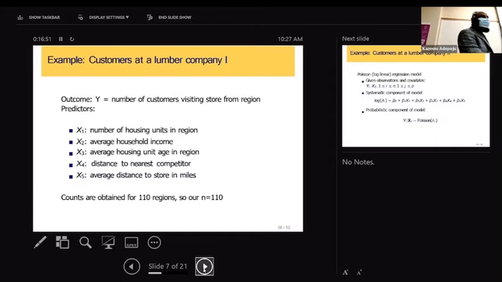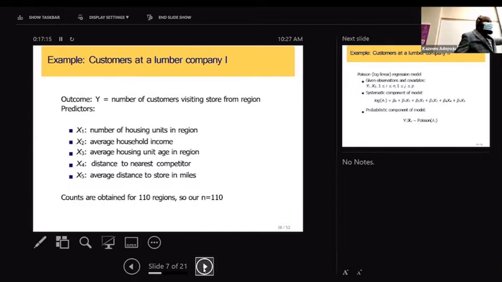I could remember if, let's say, I want to buy something now, I can say Wendy's near me. Near me, I'm talking about that. It means I'm considering distance, right? That is why you also want to look at the average distance to the store. Does it have an effect on the number of customers the store will attract? That's basically what we want to tell.